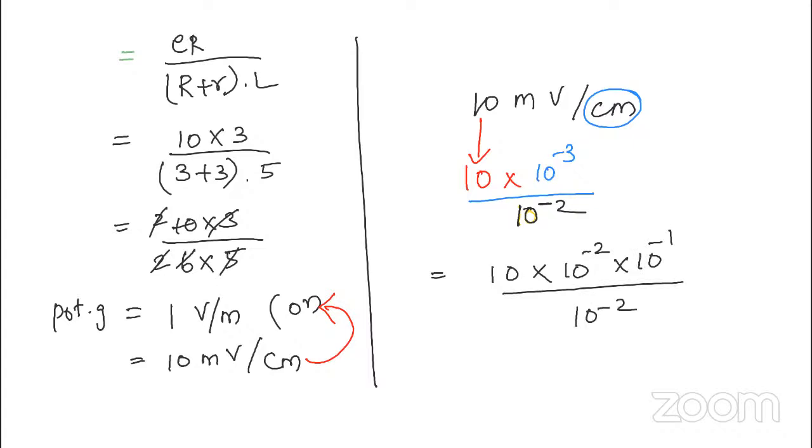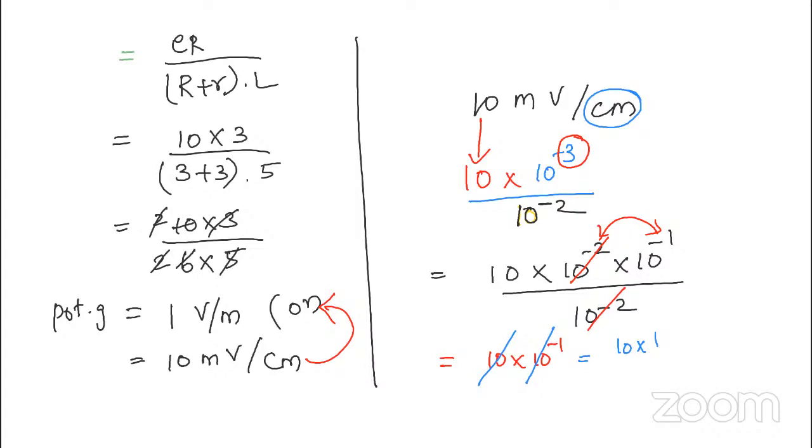We have split these terms and written them. Now above and below we have 10 power of minus 2, so we can cancel it directly. Here also 10 into 10 power of minus 1, which should be cancelled, or we can write 10 into 1 by 10.